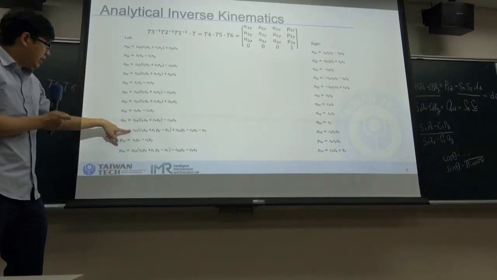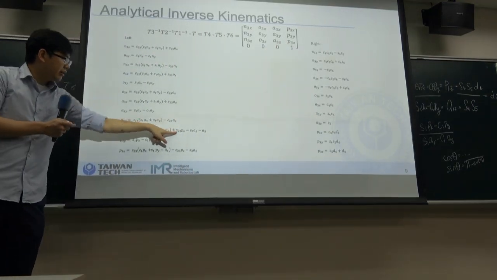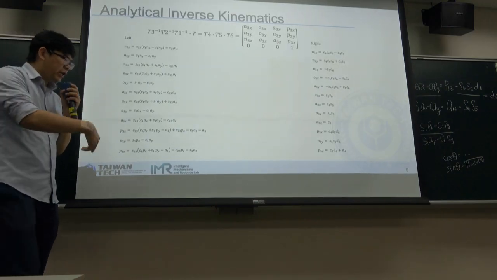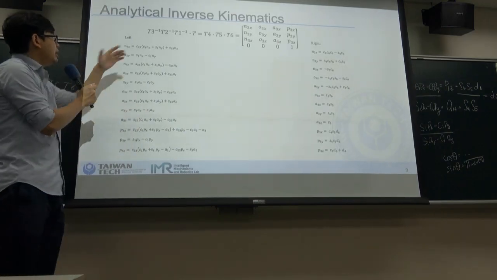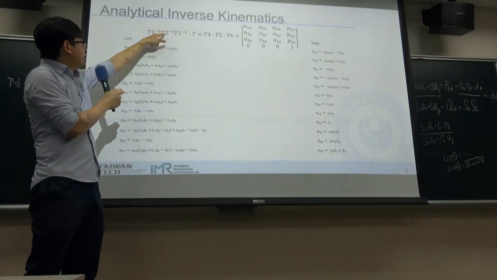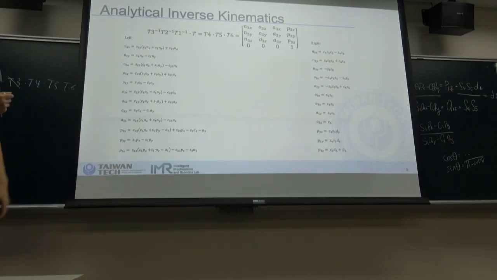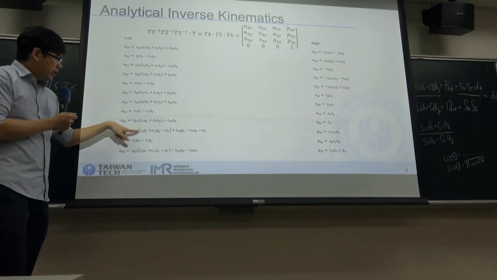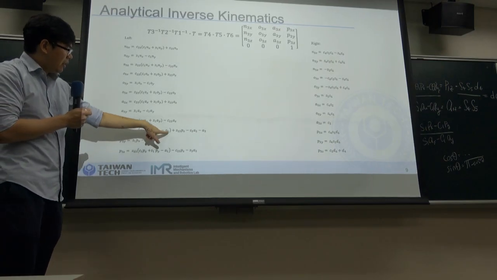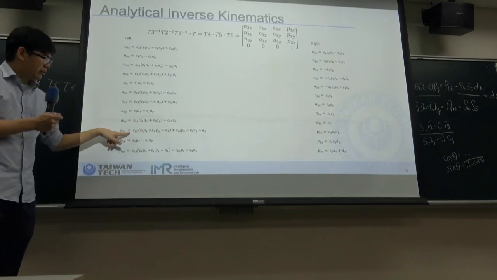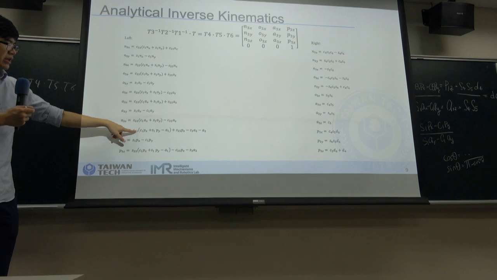Since we already know theta 1 and theta 3, we already know two values, and this is the only unknown. So here we can get theta 2 and theta 2 plus theta 3.